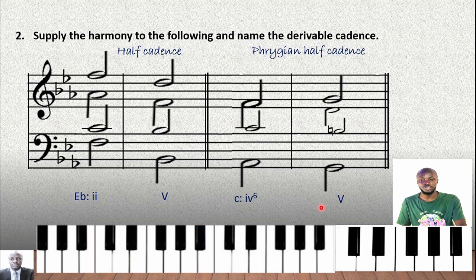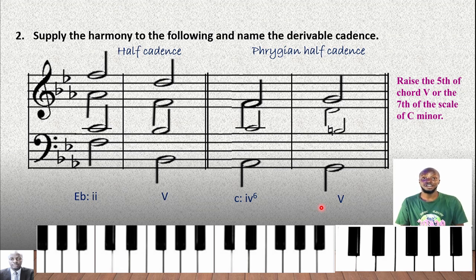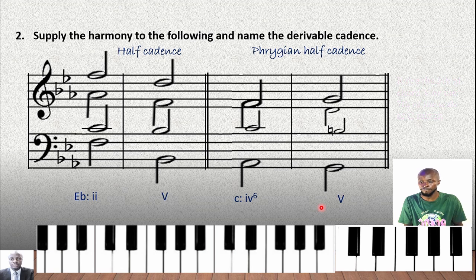Of course, since we are using the harmonic minor, we have to raise the 5th, right? And this is called the Phrygian half cadence, or the Phrygian cadence. All right, and it sounds this way. And the previous one, the half cadence, that is from chord 2 to 5 on E flat major, sounds this way. Okay, so that's that about that.